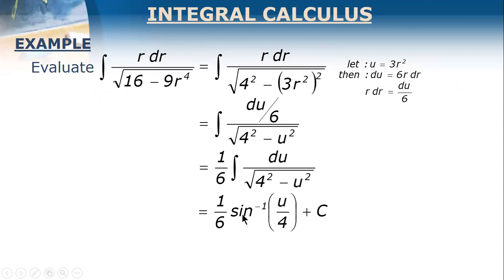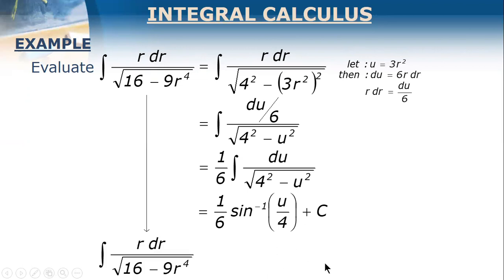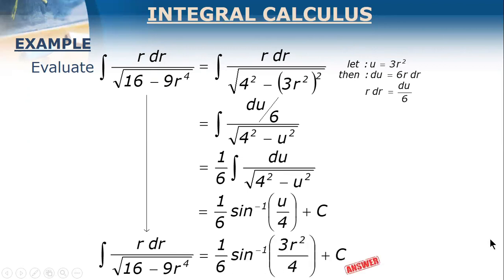So the antiderivative is 1 over 6 arc sine of u over 4. And then finally, you replace u by its initial expression, 3r squared. So the integral of this is equal to this one, u replaced by 3r squared.